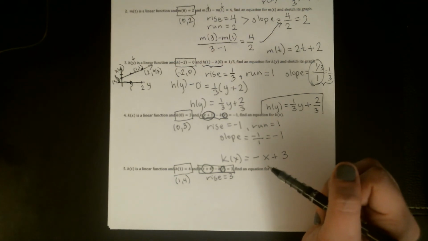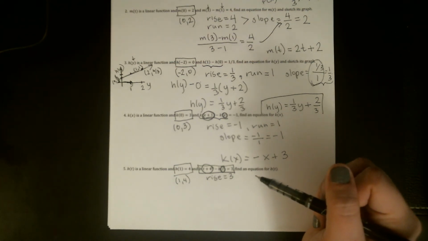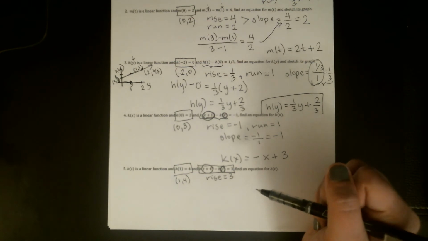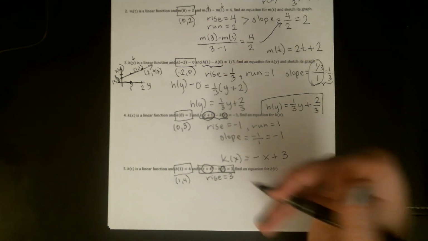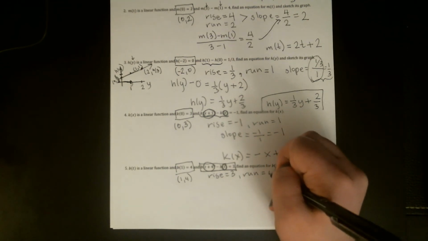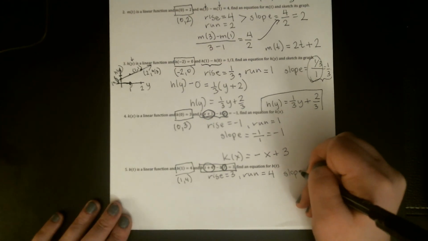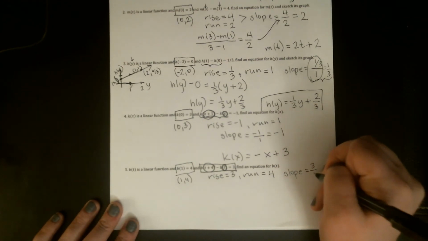It doesn't matter if you start at the y-axis or start way off somewhere in one of the quadrants. You always should have a fixed rise to go with a fixed run. So for us, our run is 4. The difference between our input values is 4, which means our slope is 3/4.